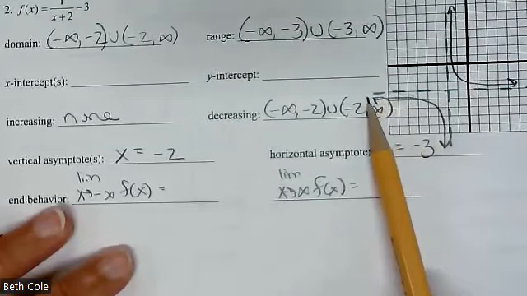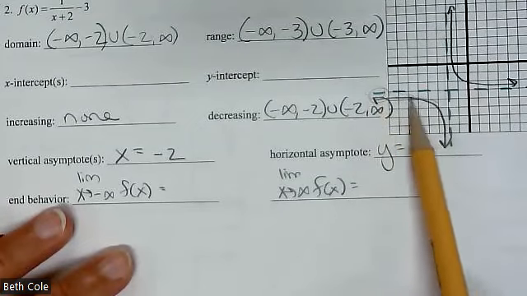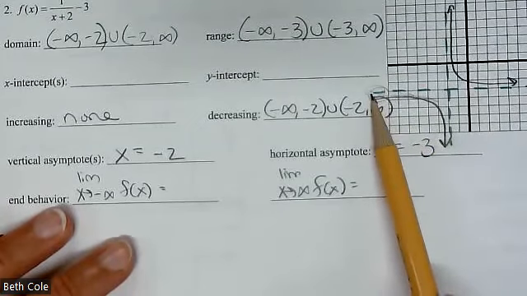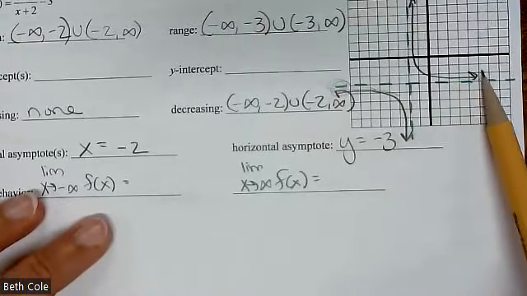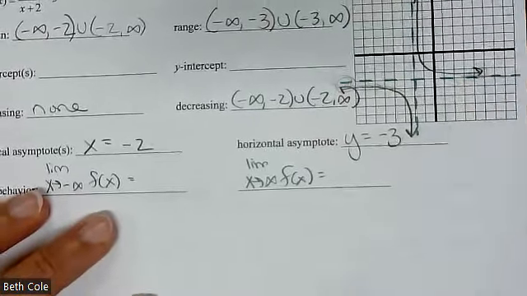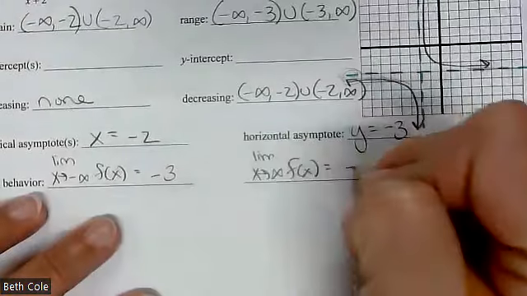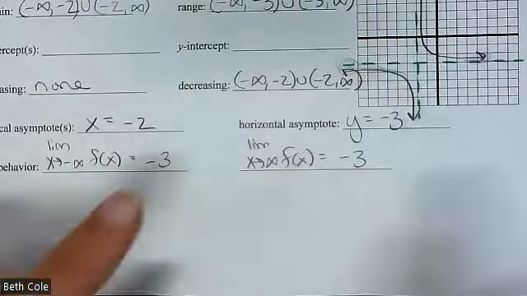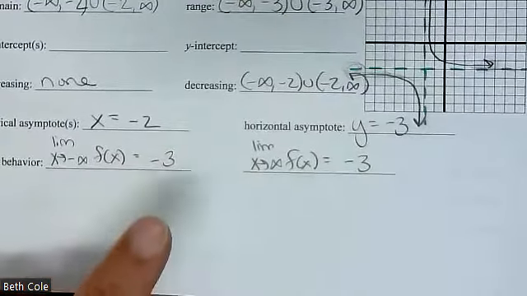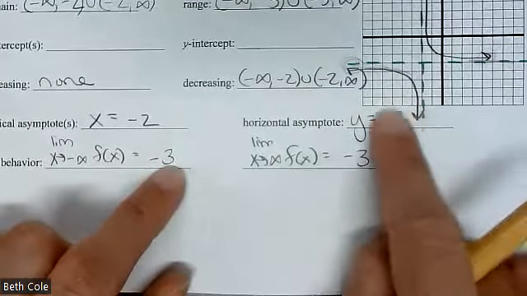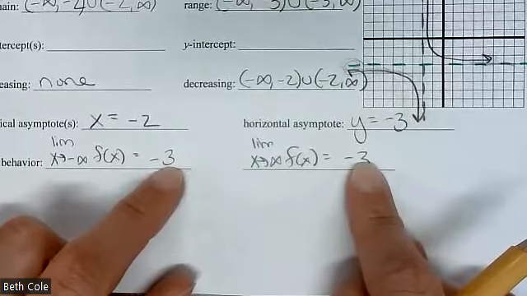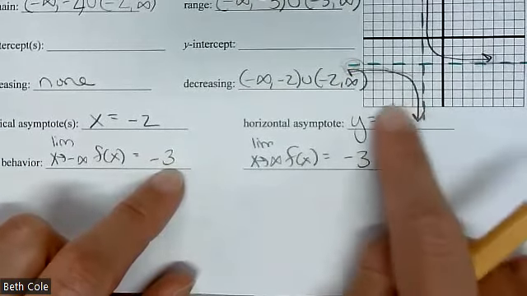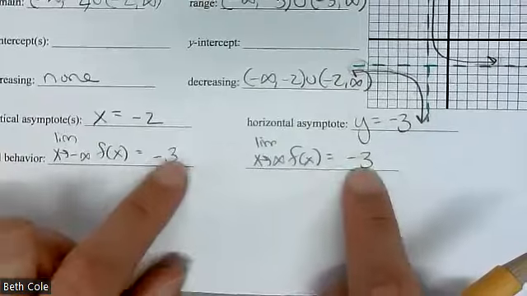This left arrow is leveling off at what number? -3. And this right arrow is leveling off at -3. It's never going to actually touch -3, but that's where it's headed, and it's just behavior. So you just put whatever that number is. Hey, Ms. Cole, is it always going to be the horizontal asymptote? Yes, it will be the same number. Whatever you get right here, these two are going to match.